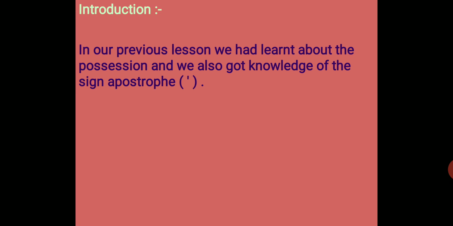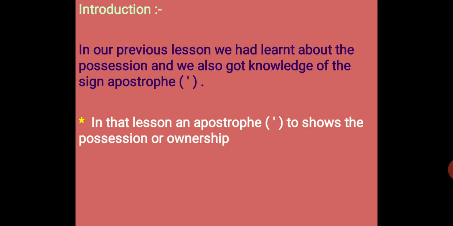In our previous lesson, we had learnt about possession and we also got the knowledge of the sign of possession, which means the apostrophe. In that lesson, an apostrophe shows possession or ownership. It means we use an apostrophe or apostrophe s to show something belonging to someone.